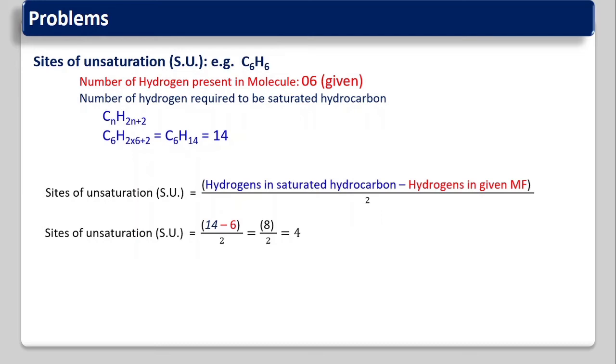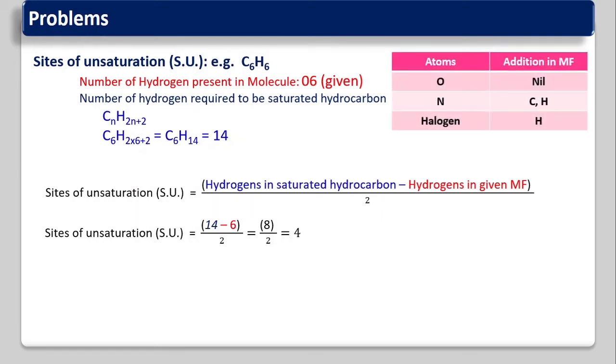Now what if the molecular formula contains nitrogen or oxygen or halogen? Then we have to slightly change the given molecular formula according to this table. If the molecular formula contains oxygen, then we have to neglect that oxygen; it won't affect the calculation. If our molecular formula contains nitrogen, then instead of nitrogen, we have to add 1 carbon and 1 hydrogen.